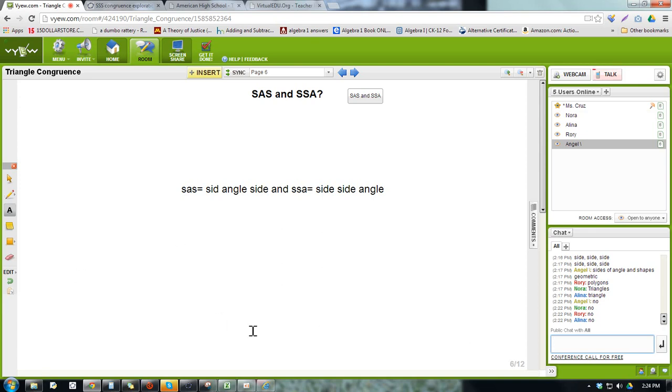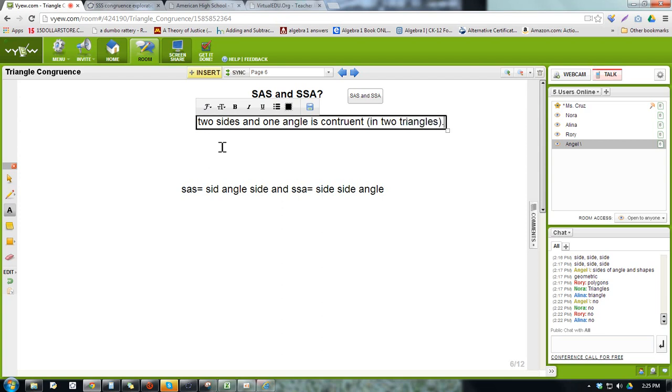Okay, perfect. Basically both of these are cases where two sides and one angle are congruent in two triangles, and the difference is the order of the sides and the angles that are congruent.